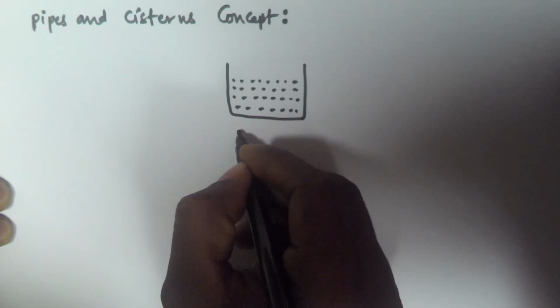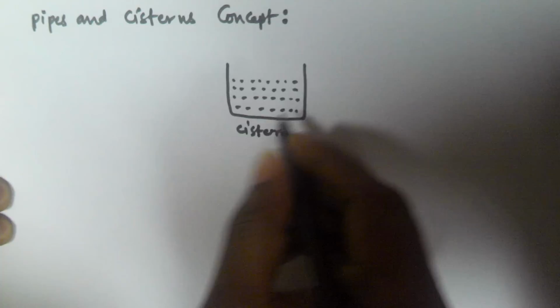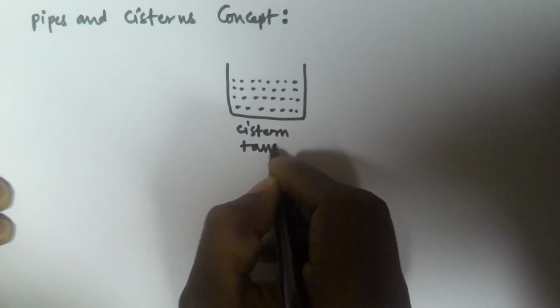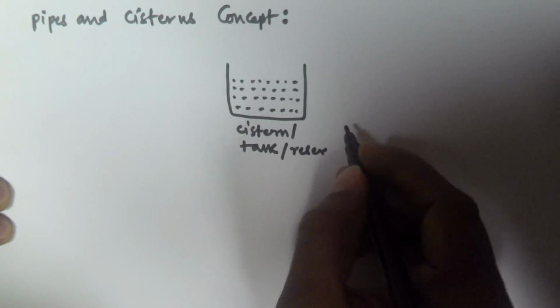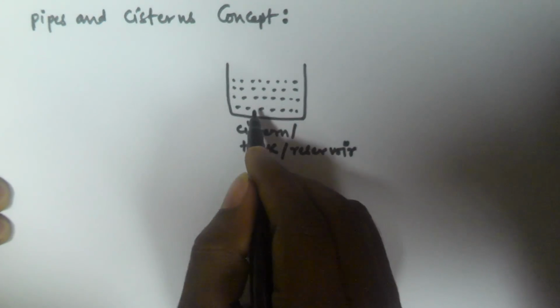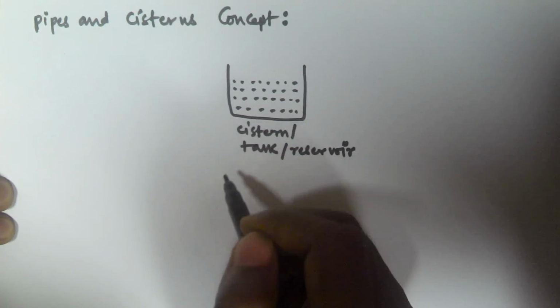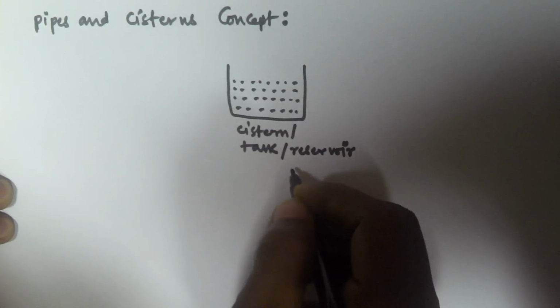The cistern can also sometimes be called a tank or reservoir. Cistern is something which holds the liquid, and sometimes it can also be referred to as a tank or reservoir.